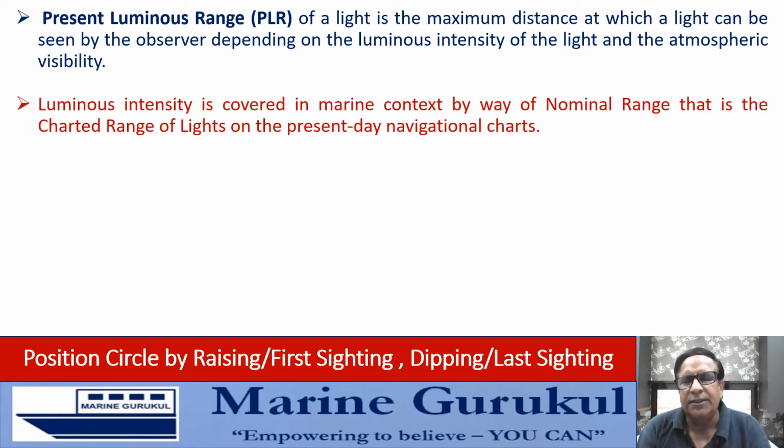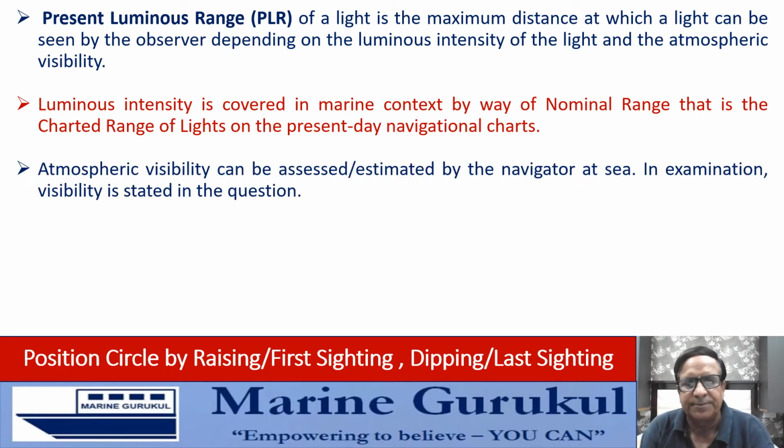Luminous intensity, as far as navigators are concerned, is taken care of by what we call the nominal range. And the nominal range is the charted range of lights on the present day navigational charts. Atmospheric visibility at sea can be assessed or estimated by the navigator. In examination conditions, the visibility has to be provided in the question.